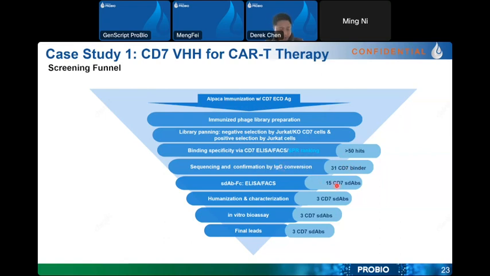The top 15 candidates were selected for further affinity characterization. Then the top 3 out of the 15 binders were carried forward with humanization and CAR T functional validations.